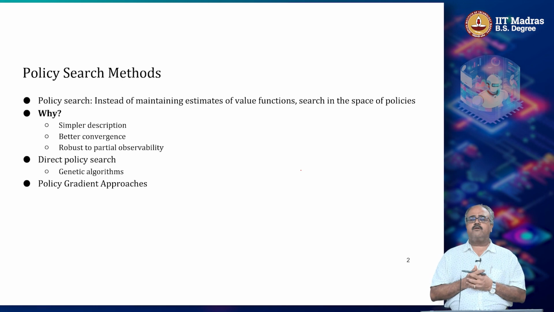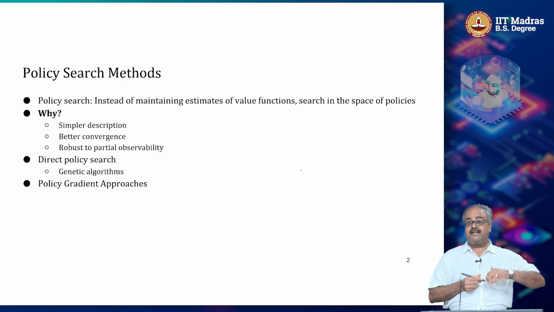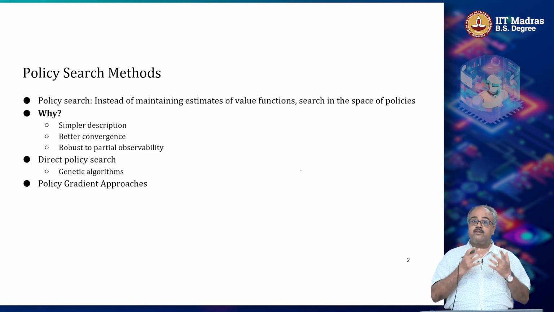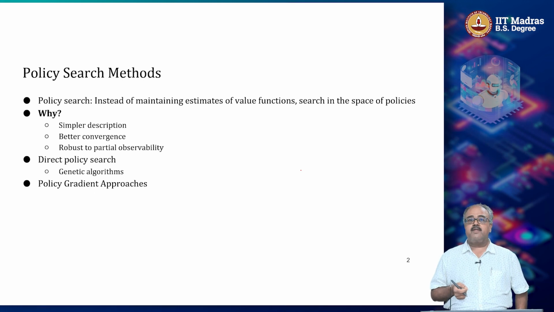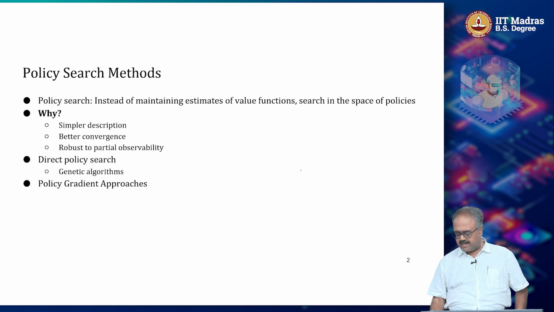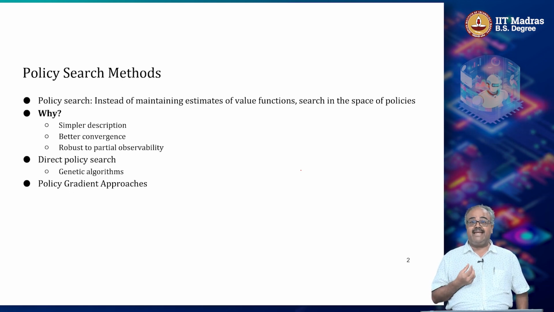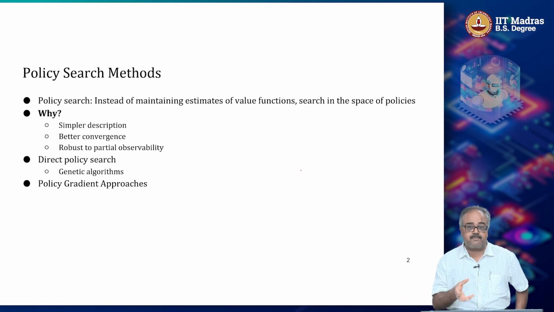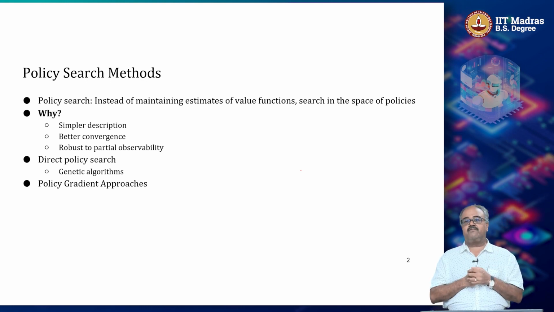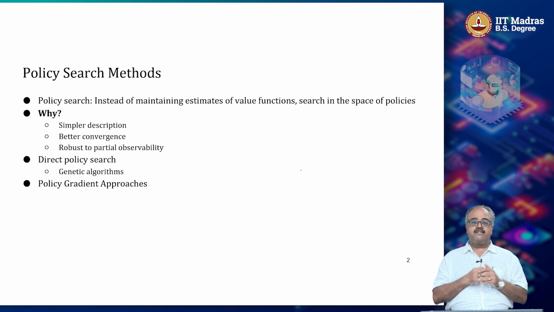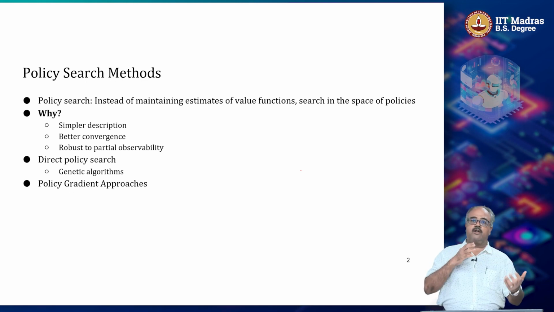So why would we want to represent the policy explicitly as opposed to going through the value function? There are multiple reasons for it. The first thing, which might be surprising, is that sometimes the policy directly yields a simpler description than the value function itself. For example, say you have a warehouse and you want to order some inventory.